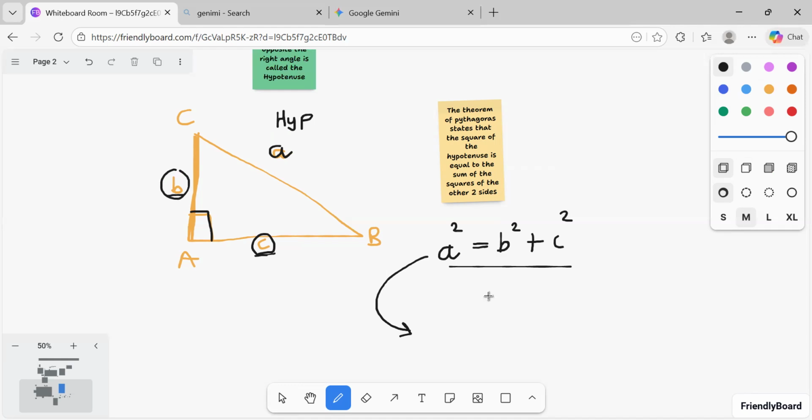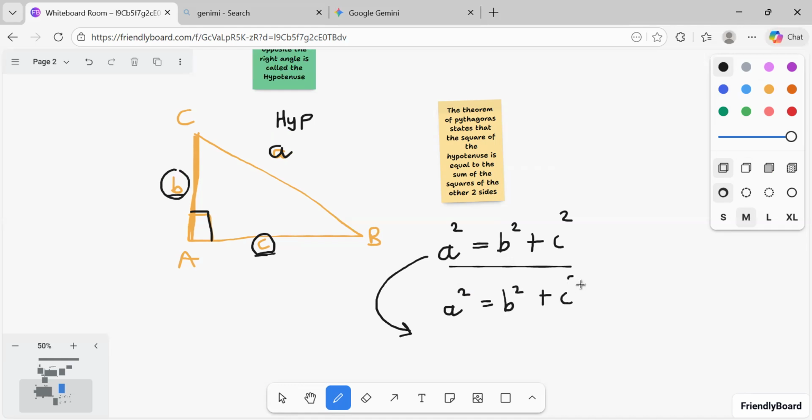Let me write it down one more time. A squared is equal to B squared plus C squared.